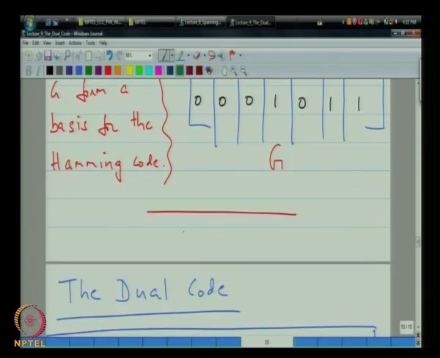So, I will put down here this is a generator matrix for the Hamming code. Okay.